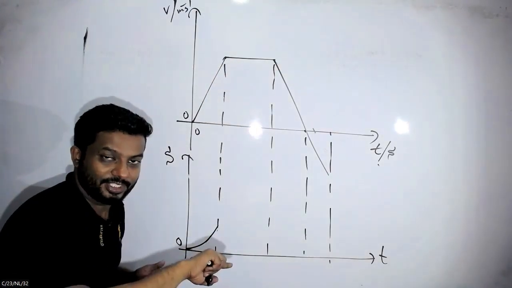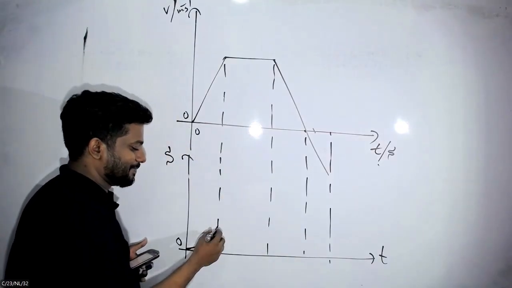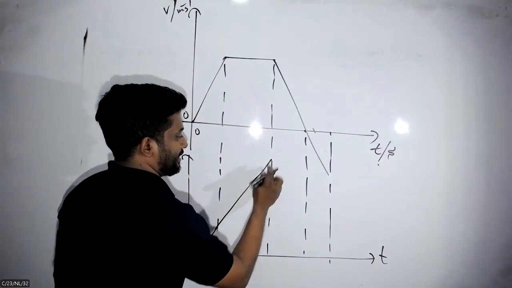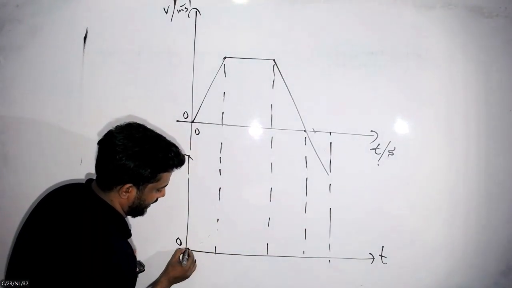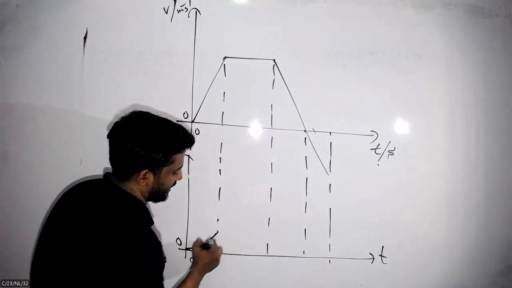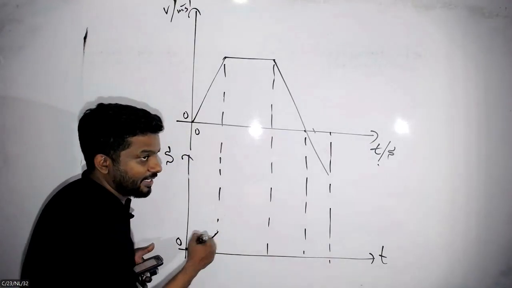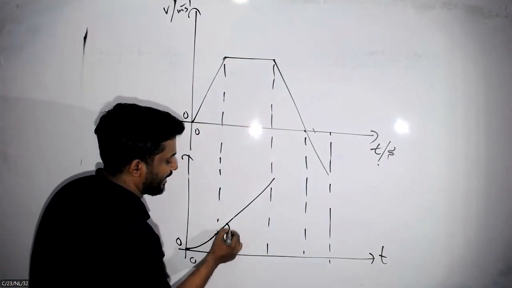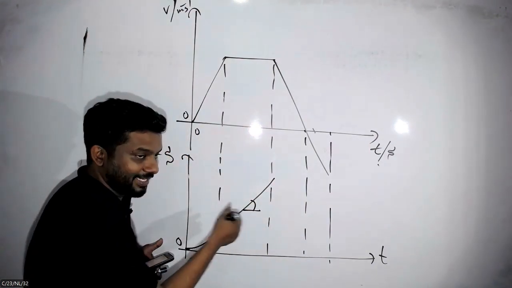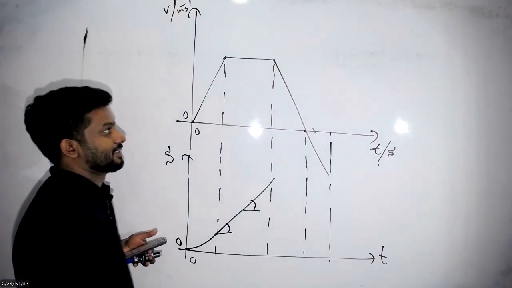That means the gradient of your displacement time curve should be a constant. This angle should be a constant. Initial gradient 0, then the gradient positively increases, meaning the acute angle increases. Then the gradient becomes constant, meaning it makes a constant acute angle with the positive direction of the x-axis.